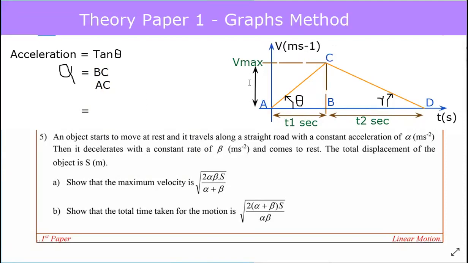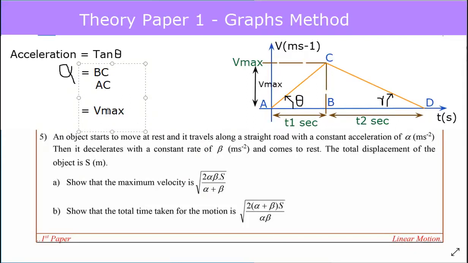So this height is V max, right? Please mark that one also, we will need it. Let's continue. BC is V max.